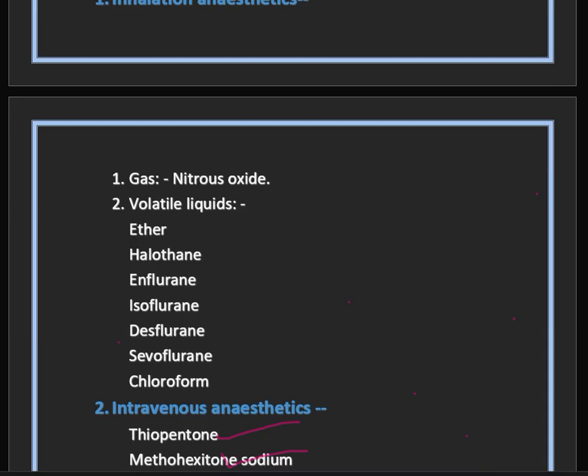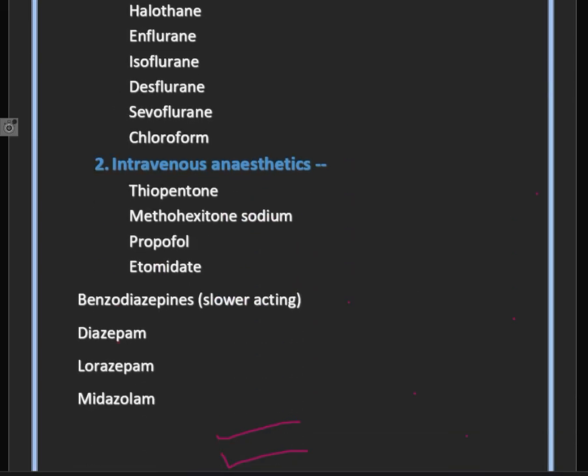Now the next one is intravenous anesthetics, which are administered through the IV route. First one is thiopentone, an important drug. Then methohexitone sodium, propofol, etomidate and benzodiazepines.